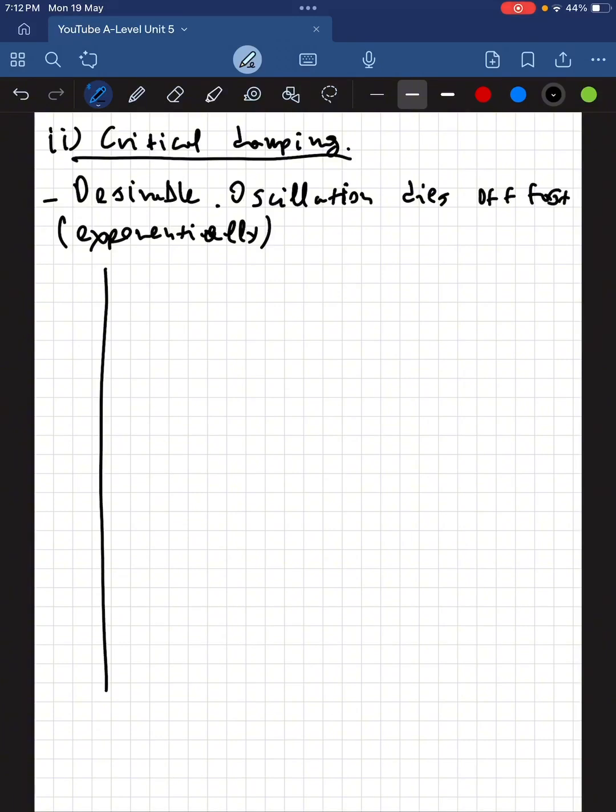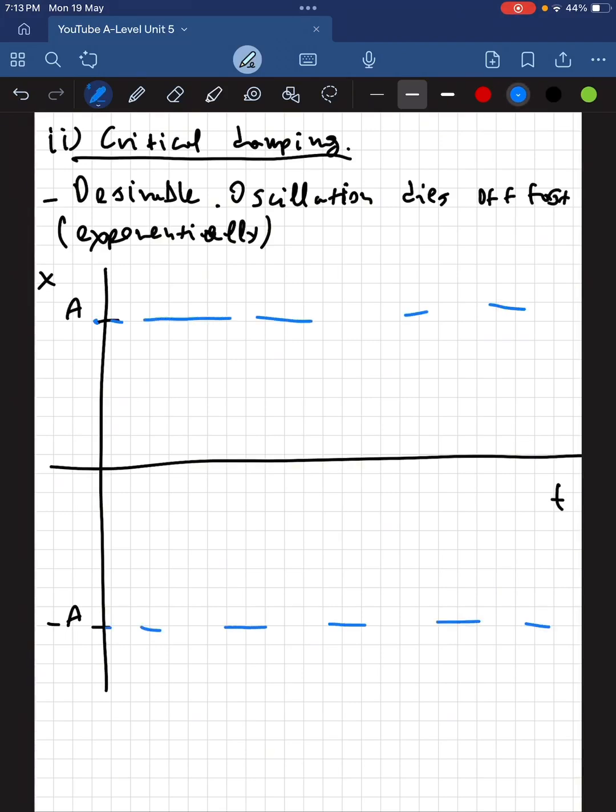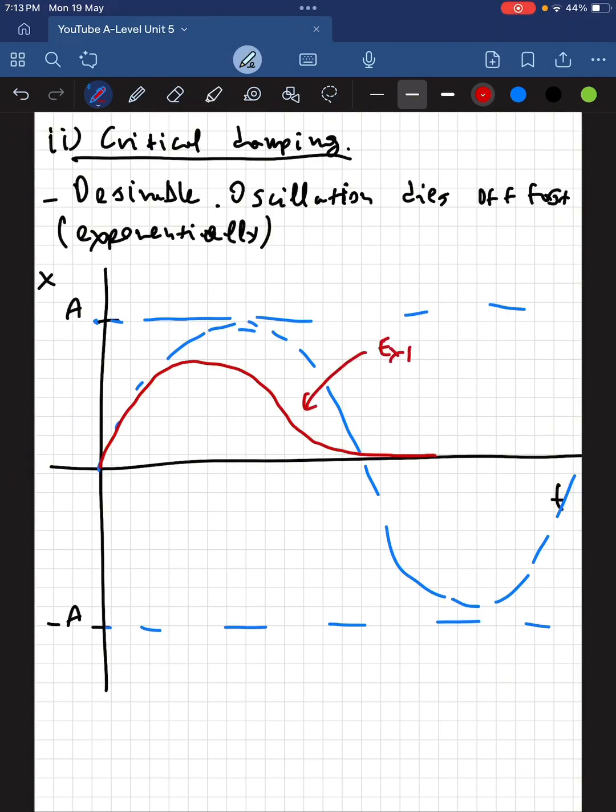So if I were to plot this situation, if this is the displacement again with respect to time, and this is maximum amplitude. So if this is your initial oscillation, something like this, for example, critical damping will make it die off really fast, so something like this. So it dies off really, really fast, and you get an exponential decay.